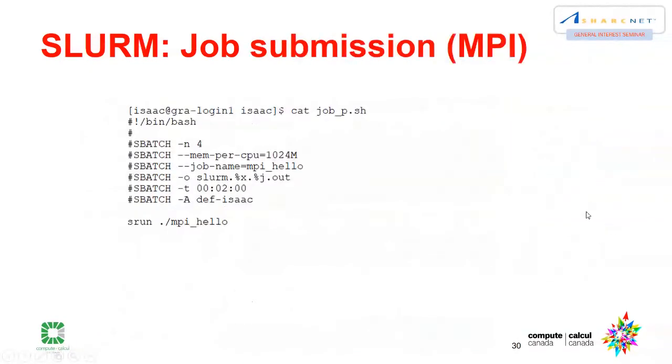Okay, now let's talk about MPI jobs, or parallel jobs. This is an example of submitting a parallel job. Here, the only difference from the serial job is that I defined the number of CPUs. I want to use 4 cores, and the memory allocation should be a little different from the serial job because we need to specify how much memory you want to allocate per CPU or per core.